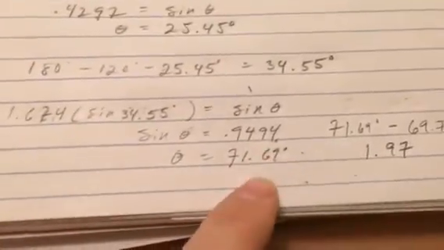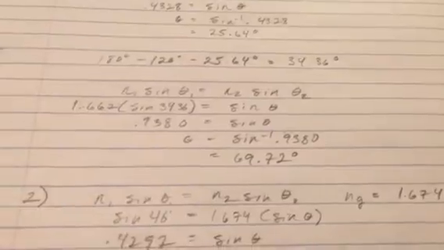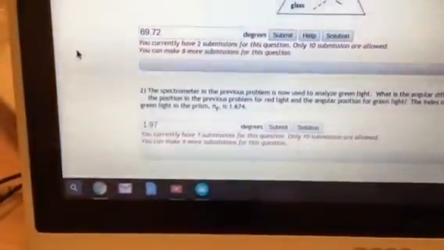Now, it's just asking for the difference between this value and the one we arrived at previously for red light, which is 69.72. We take the difference there, and we arrive at 1.97, which is your answer to number 2.